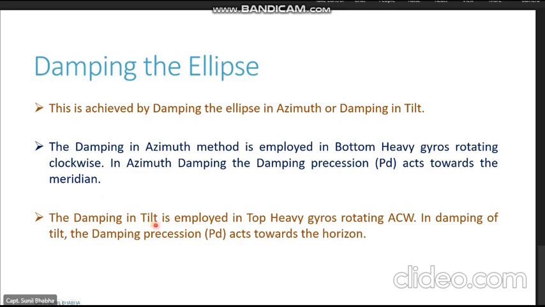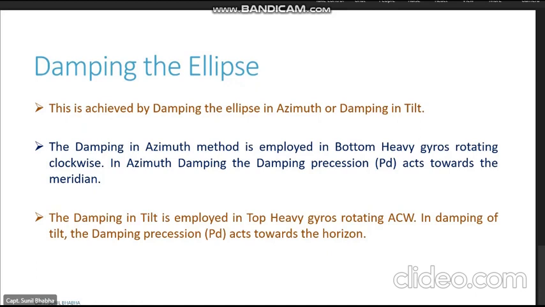Now the damping in tilt is the method used in top heavy gyros. Top heavy gyros are the ones which are rotating in the anti-clockwise direction when viewed from the south end. Now in this damping, the damping precession, this is the additional force which we have introduced when we dampen the ellipse, PD acts towards the horizon. It basically means that whenever the spin axis goes above the horizon, the damping precession tries to push it downwards back to the horizon.